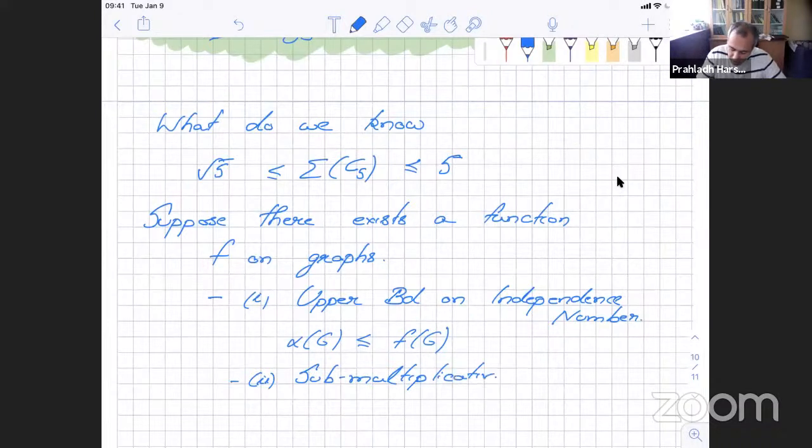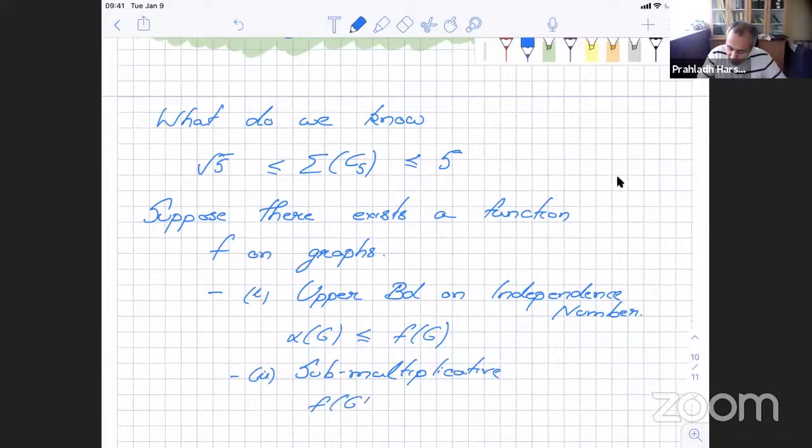That is, f of G strong product H is less than or equal to f of G times f of H. Suppose you had an f with these properties.